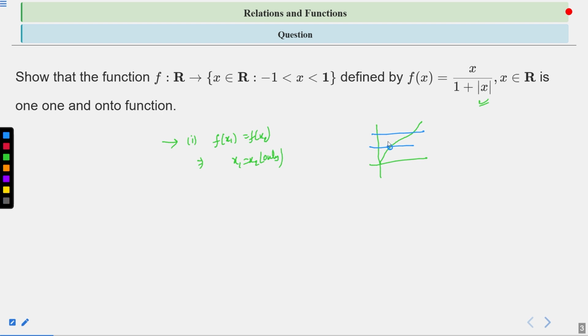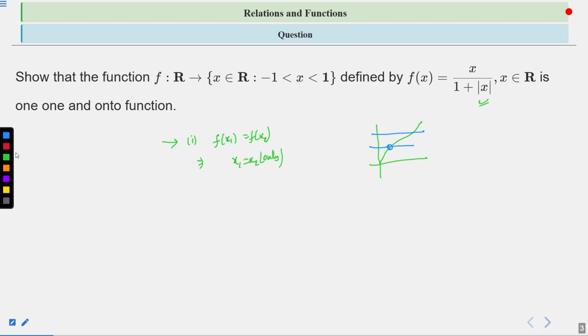We will not go with the graphical approach here, because the graph of x upon 1 plus mod x is not easy to draw. But if we have a function whose graph is easy to draw, we might go with the graphical approach, because then we can easily say that the function is 1-1. But if the graph is not easy to draw, we will go with the analytical approach.